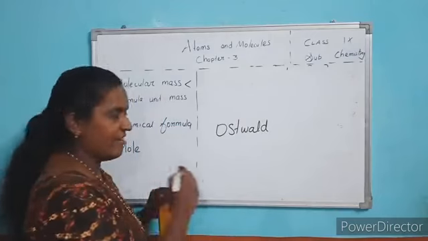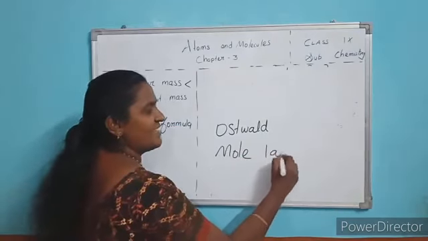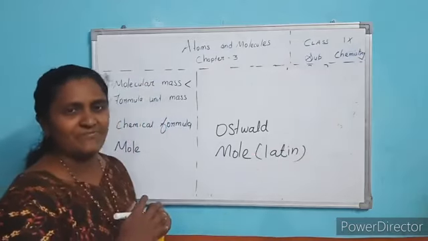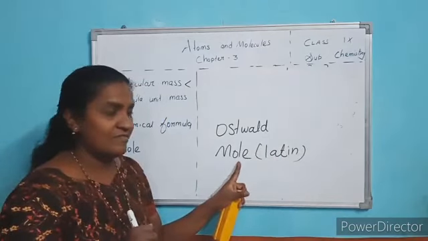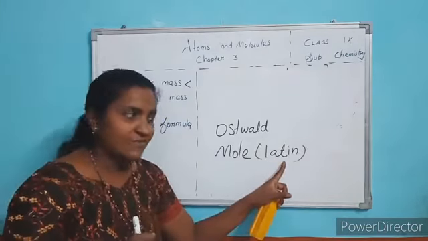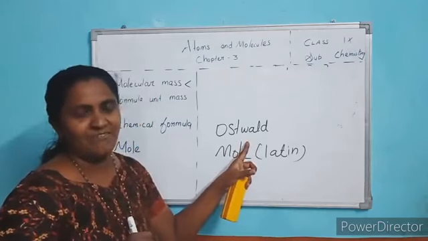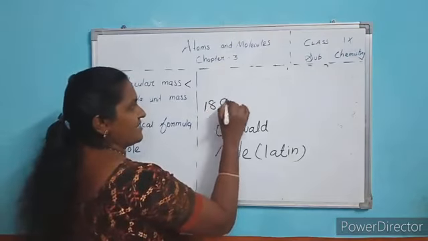He derived the word mole. This is a Latin word. It was put forward by Wilhelm Ostwald in the year 1896.